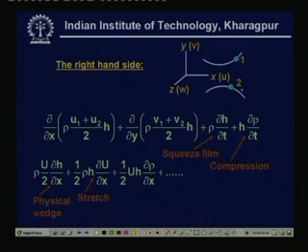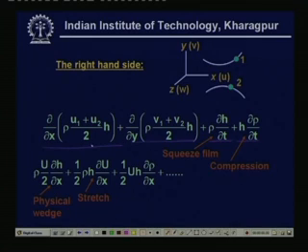In this case, the general form of the equation is as given over here. This is the term with respect to x, this is with respect to y, and these are the other two terms coming into the picture.